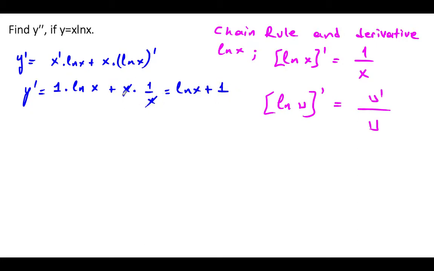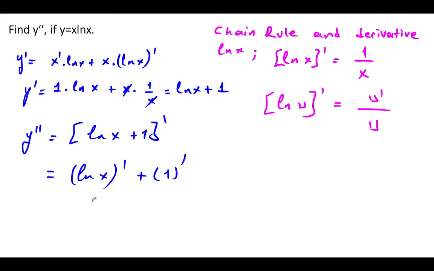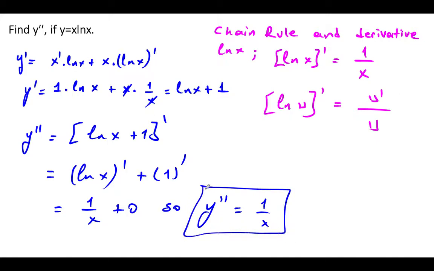Then y double prime is the derivative of ln x plus 1. So it will be the derivative of ln x plus the derivative of 1. The derivative of ln x is 1 over x, and the derivative of 1 is 0. So y double prime is equal to 1 over x, which will be our final result.